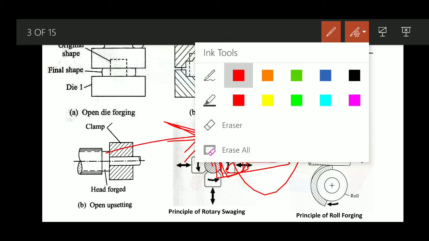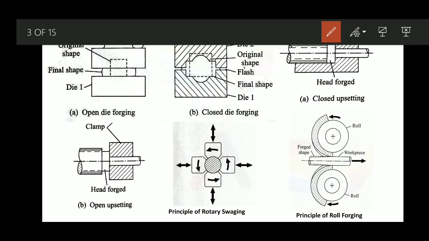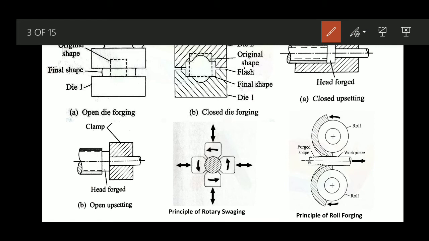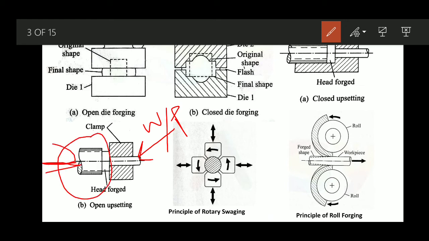Now this upsetting process can also be carried out in open or closed form. In the open upsetting, as you can see, there are two clamps, or you can consider them as the die, although actually this is the clamping only. In that case we will have this particular workpiece, and by the help of this ram using force in this direction, we have formed this particular head.